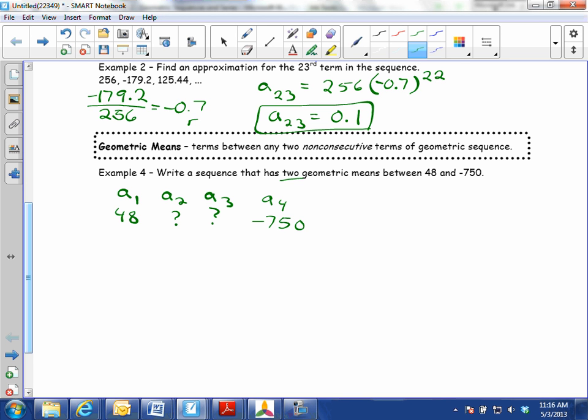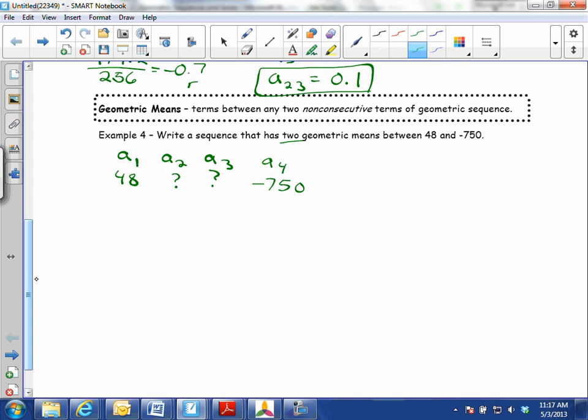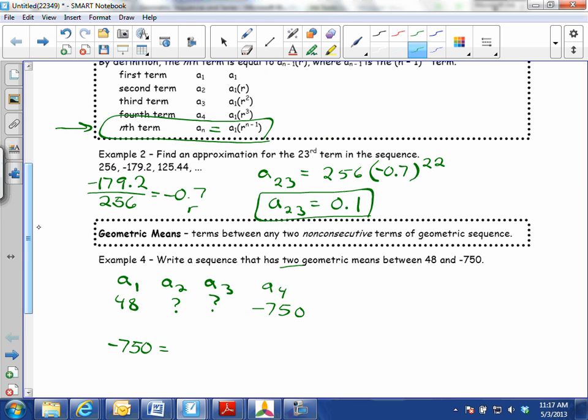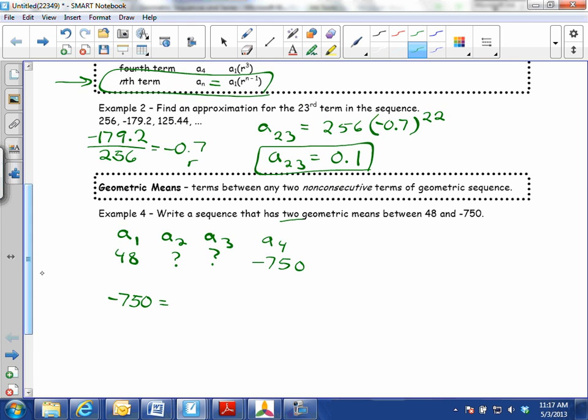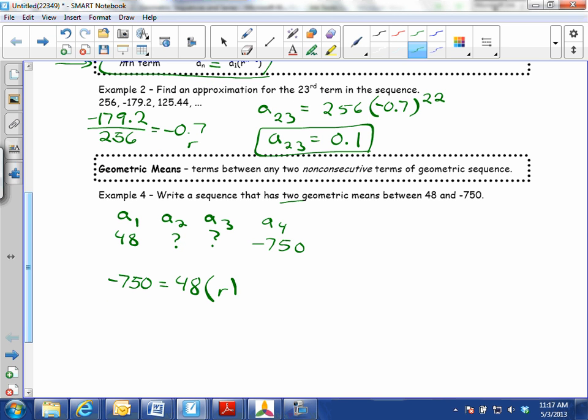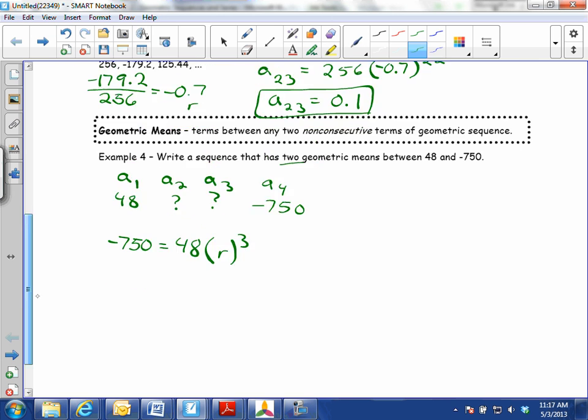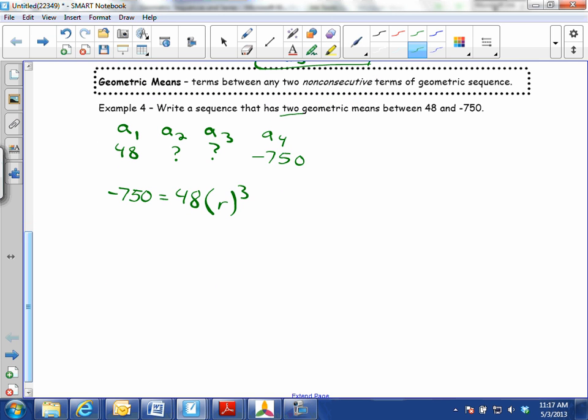So then what I would do is say we know A sub 4 is equal to, using this formula again, the first one times our common ratio, which we don't know, r, to the n minus 1 power. So 4 minus 1 is going to be a power of 3. So, can you divide by 48?